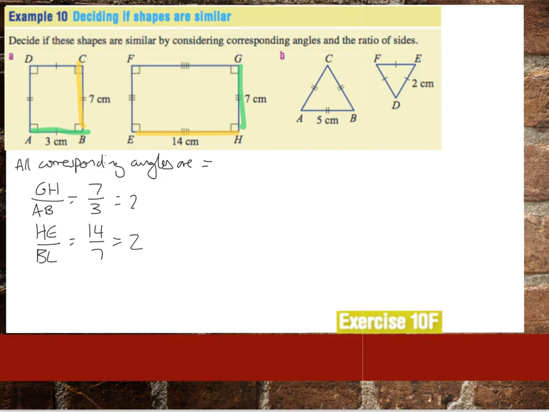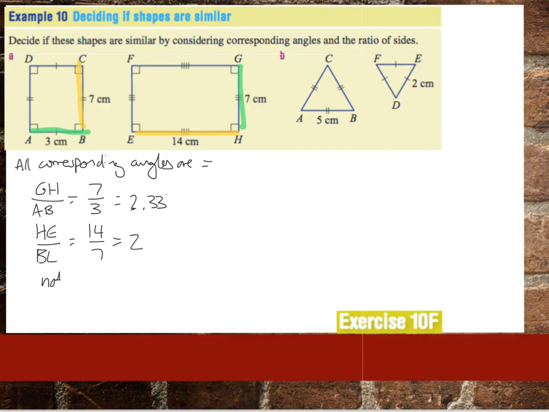This equals 2.33 repetitive, right? And therefore I can see these two are not the same, so they are not similar. They're not in the same ratio.